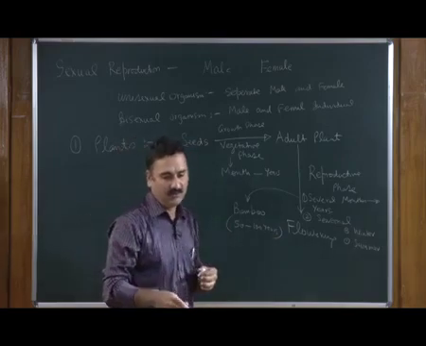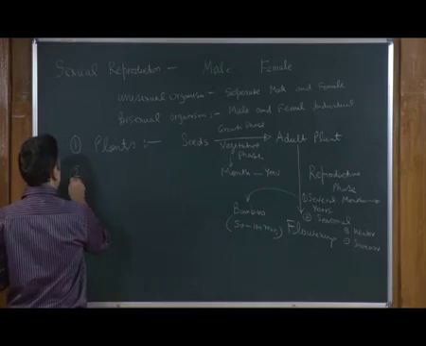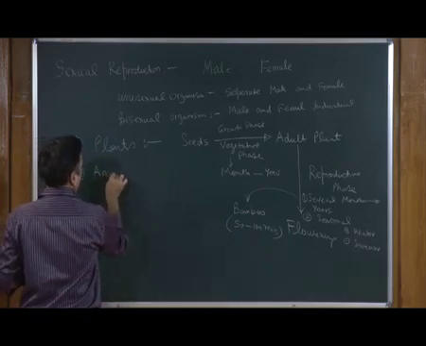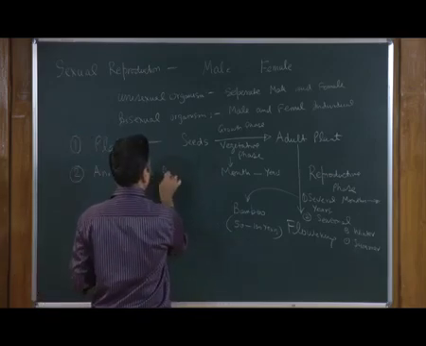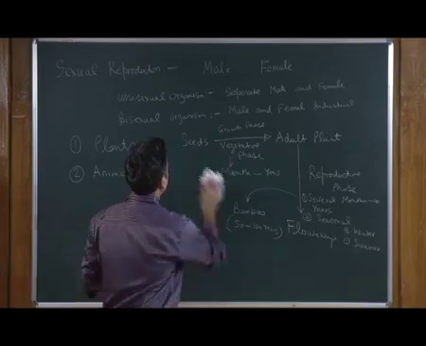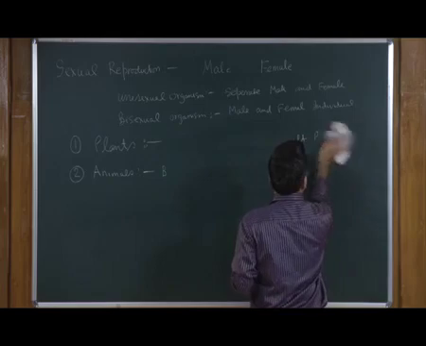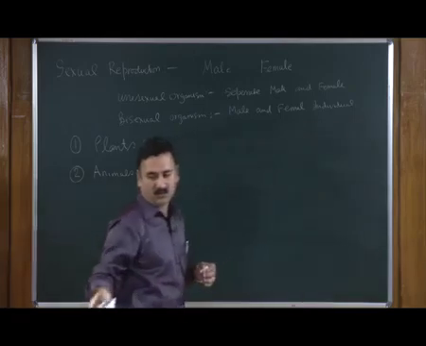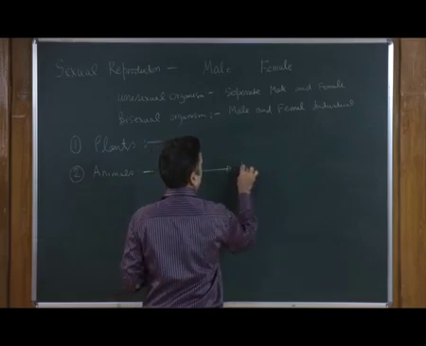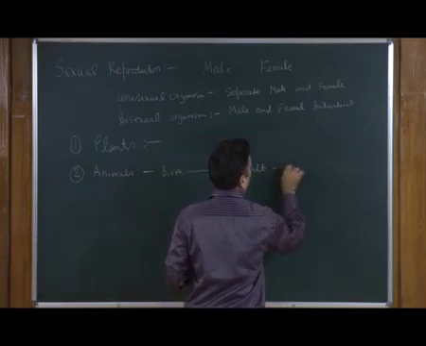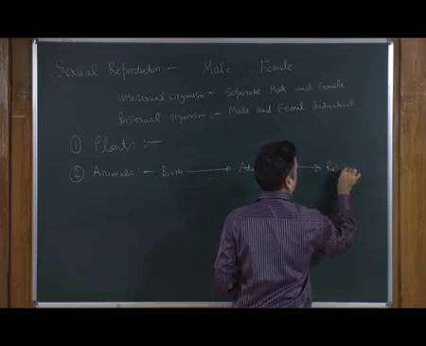In the case of animals, the period from birth to the adult stage can similarly be divided into two phases: from birth to adult stage, and then from adult to the reproductive stage.